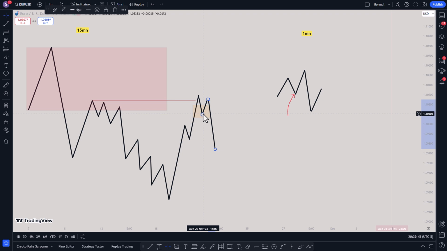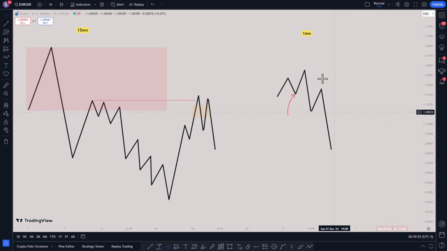And like I always say, you can't really time the pullback. The pullback can happen into here, and you might get away with this and take price lower, and you get your points or your pips and you're out.